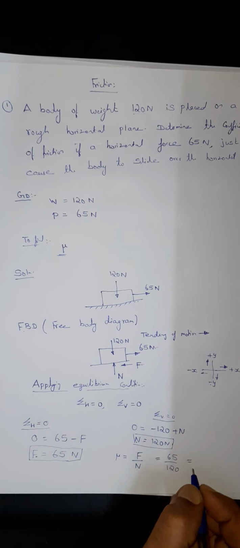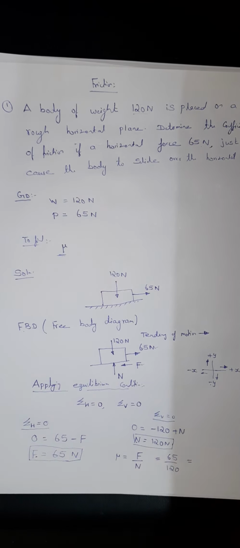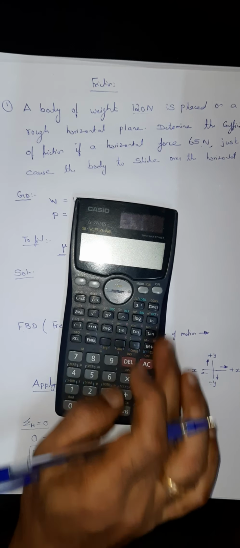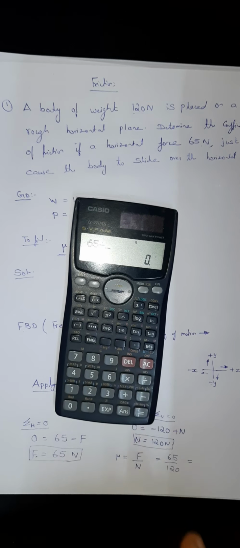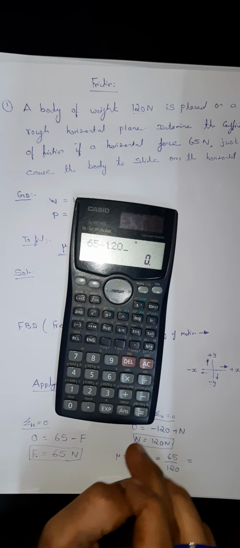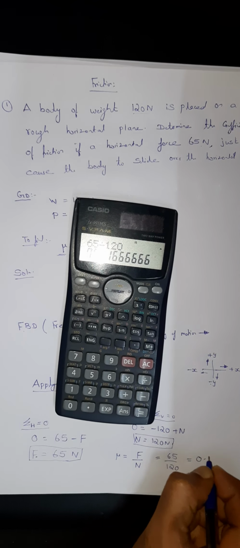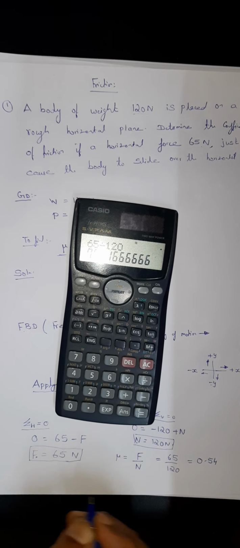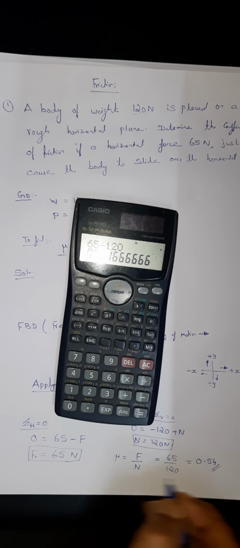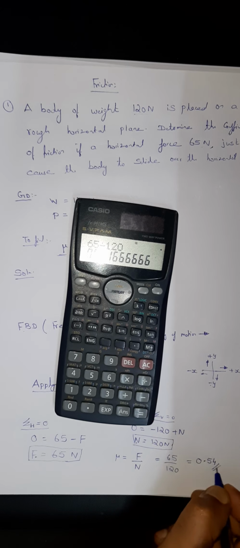So when you use the calculator, 65 divided by 120 works out to 0.54. So the value of mu is 0.54. Is it clear now?